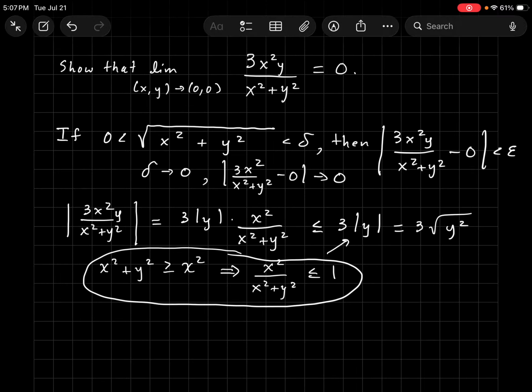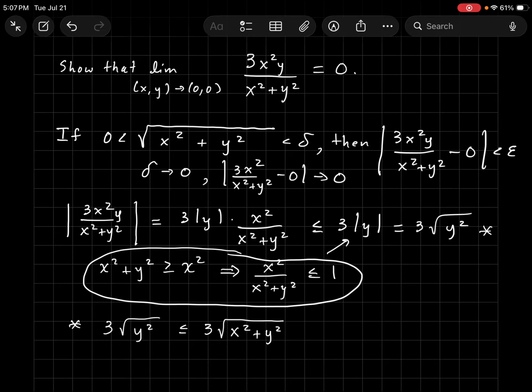So let's take this part over here, and bring it back down over here: 3 times the square root of y squared. And notice that this is less than or equal to 3 times the square root of x squared plus y squared, because, of course, x squared is positive or 0. So x squared plus y squared must be greater than y squared.